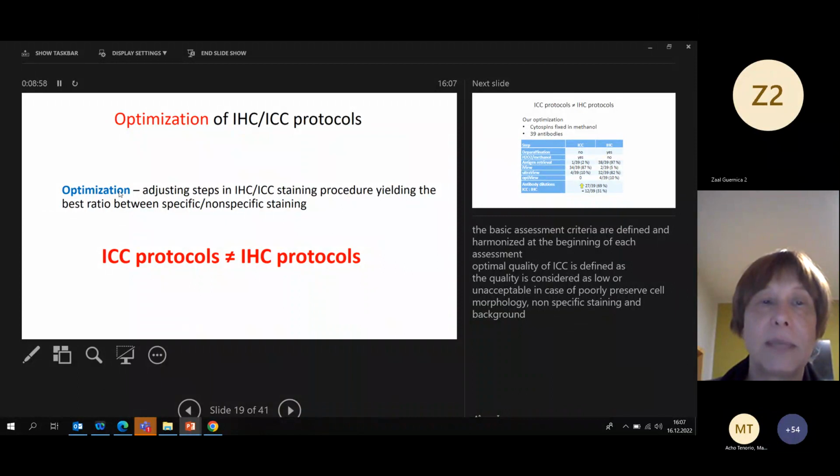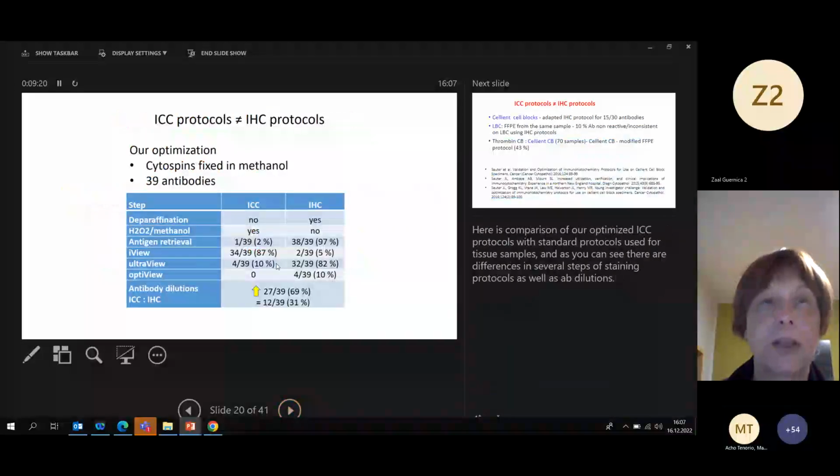Optimization means that we have to adjust steps in the ICC staining procedure in order to achieve the best ratio between specific and non-specific staining. And it's very important that ICC protocols are not exactly the same as protocols for tissue samples. Here you can see a comparison between ICC and IHC protocols from our practice for almost 40 antibodies.